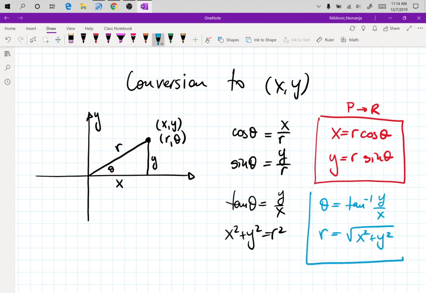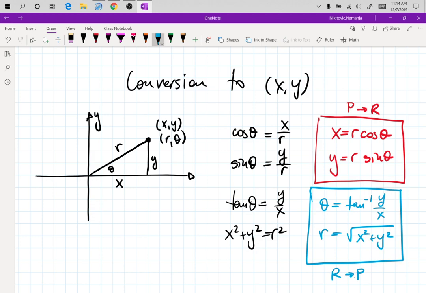And this creates the second set, which is rectangular to polar, because you see that you are given x and y, and you compute polar ones one at a time. So these 4 formulas are your conversion factors between the two worlds.